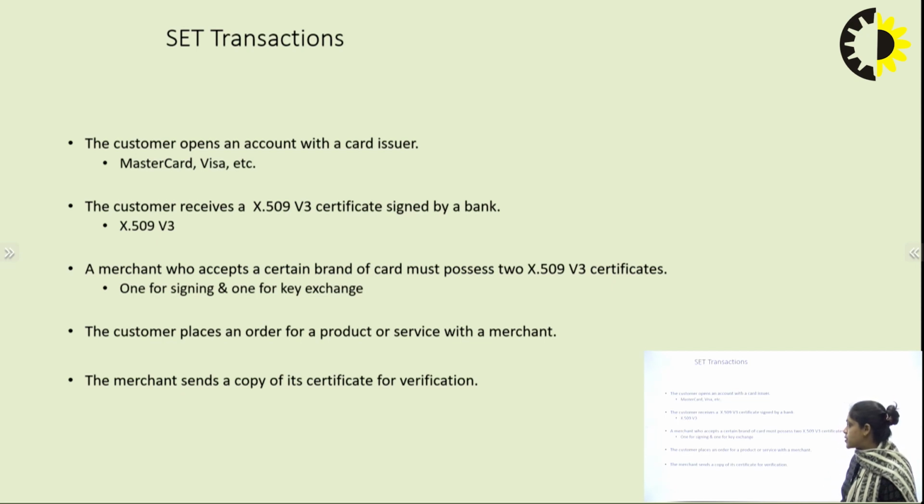A merchant who accepts a certain brand of card must possess two X.509 version 3 certificates, one for signing and one for key exchange. The customer places an order for a product or service with the merchant, and the merchant sends a copy of its certificates for verification.